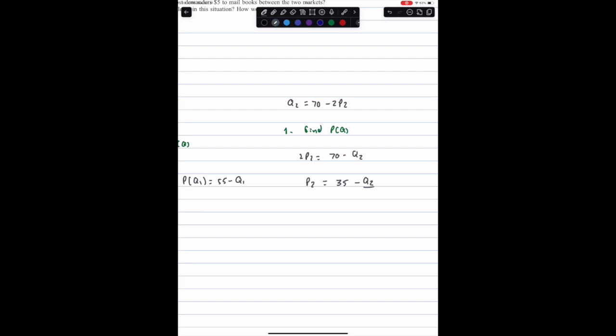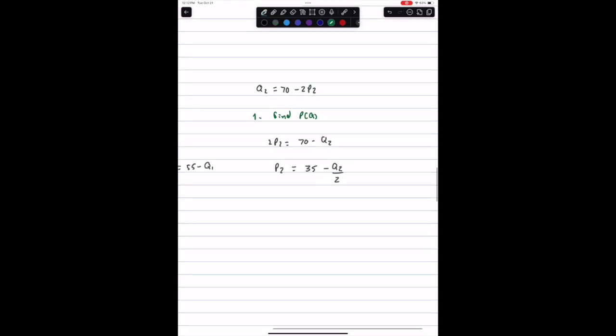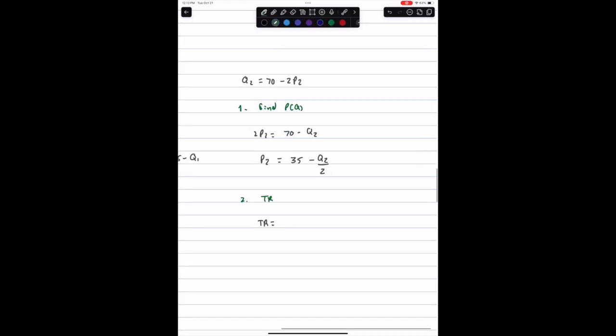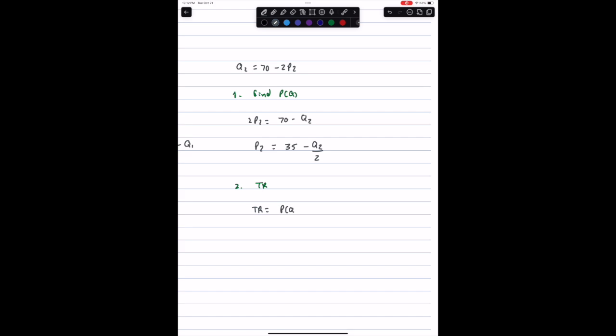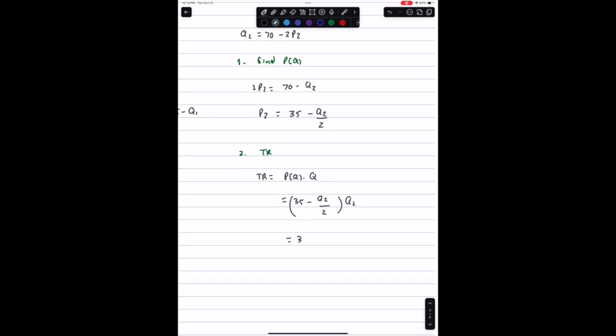Perfect. Step 2, total revenue, right? We know total revenue is equal to, let me write this in green actually, I'm sorry. Total revenue is equal to P of Q times Q, which in our case is 35 minus Q2 over 2 times Q2, which is equal to 35 Q2 minus Q2 squared over 2.